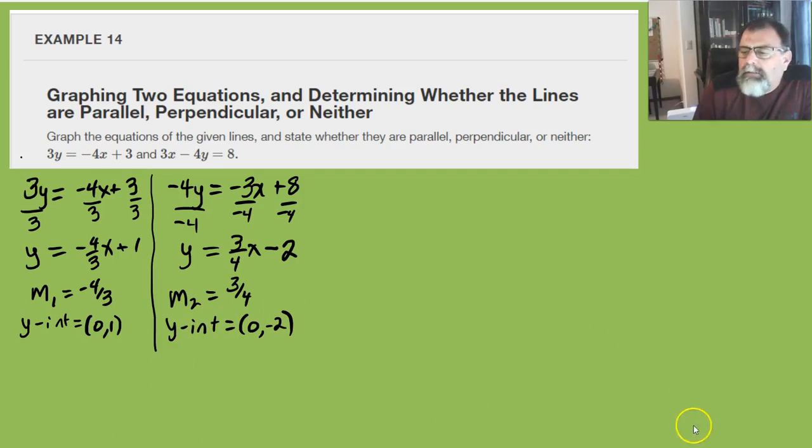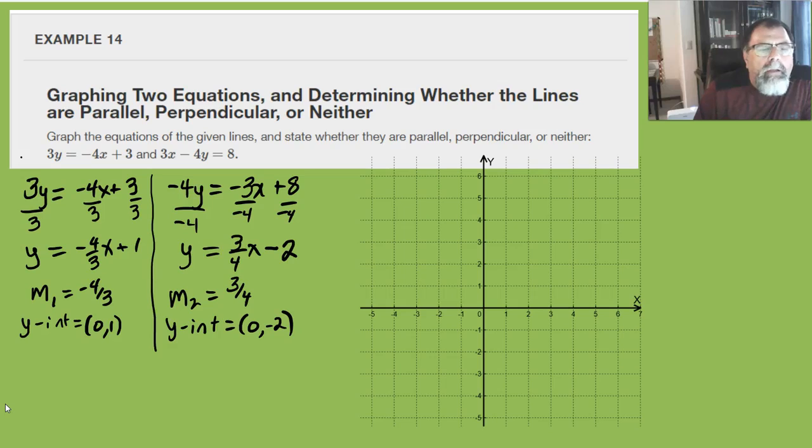Now we're going to graph it. For line 1, here's a review if you forgot how to graph using slope-intercept form. You always start with the y-intercept, so we start at (0, 1) for the first line. Then you count the slope. Remember, slope is change in y over change in x, which we say is rise over run. With -4, rise could also be going down if it's negative.